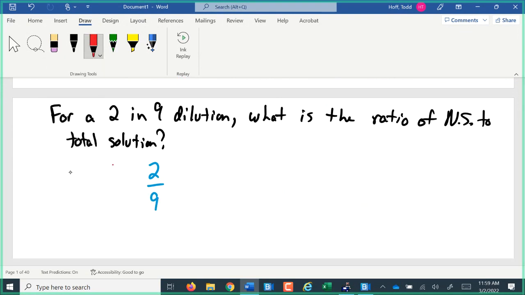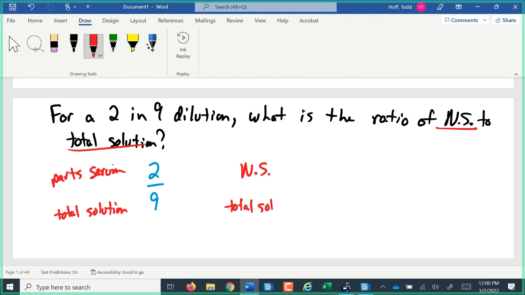We'll label it, the 2 represents the parts of serum. The 9 represents the parts of total solution. We want saline to total solution. NS to total solution. We go to create this ratio. The total solution is still 9 parts. 2 of those parts are for serum. 9 minus 2 gives us 7 parts that are saline.